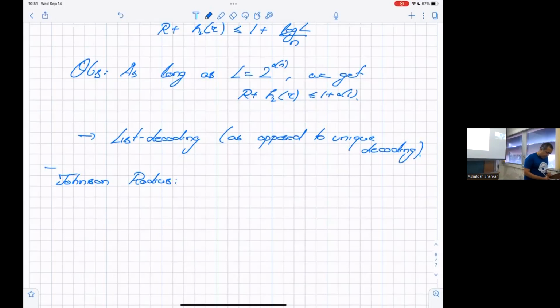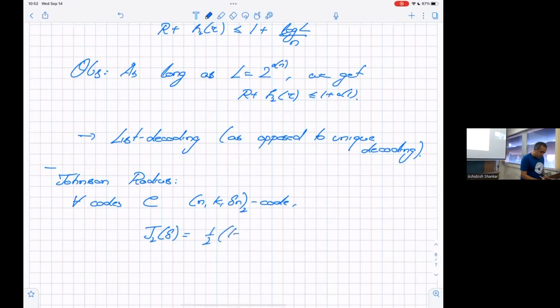That is, for all codes C with parameters (n, k, delta n), let's do binary codes, you can go up to the following radius, which I call J_2(delta). That's the Johnson radius. The 2 is because we are working with the binary alphabet. This number changes for other alphabets.